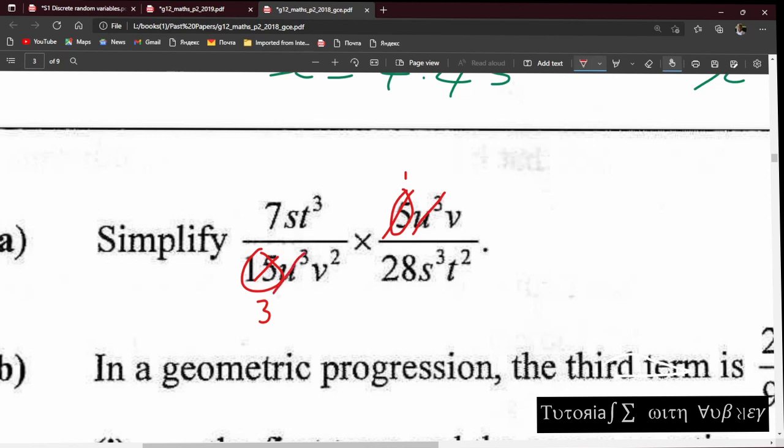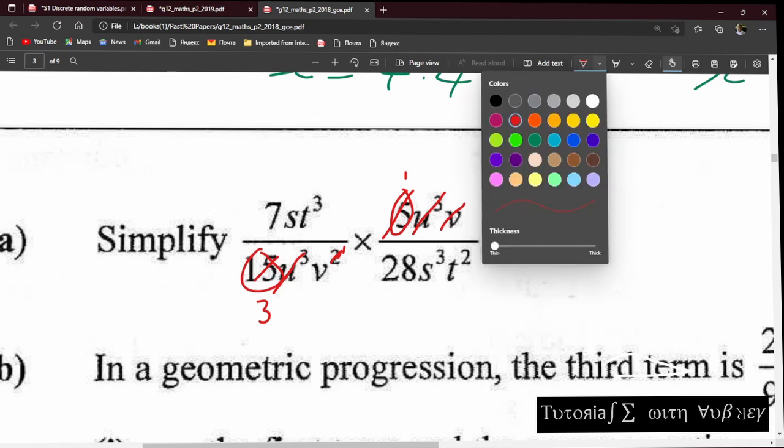Okay, v will cancel out v because v has power 1, and here v has power 2, so we cancel out the one with the small power. Then from the one with the big power, subtract how many times that had. So if this was a 1, so here we're going 1 there.